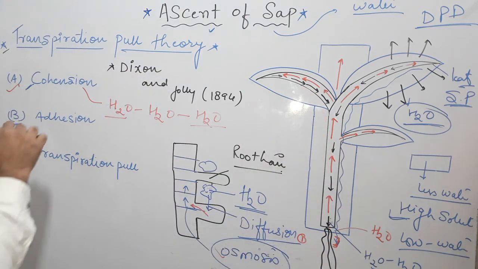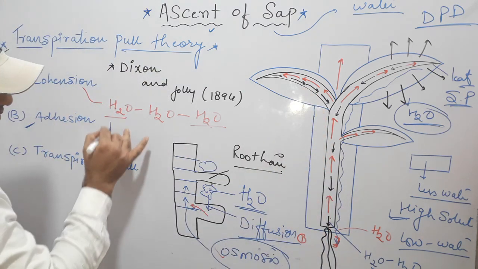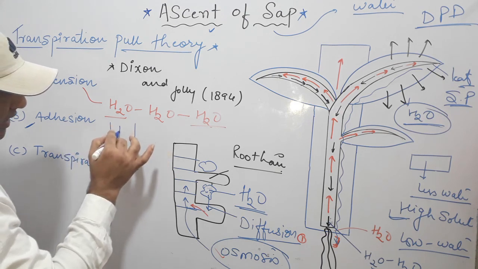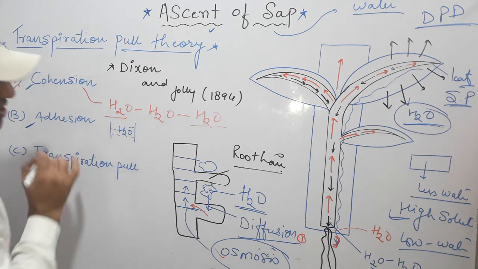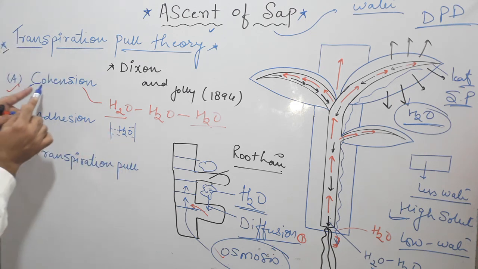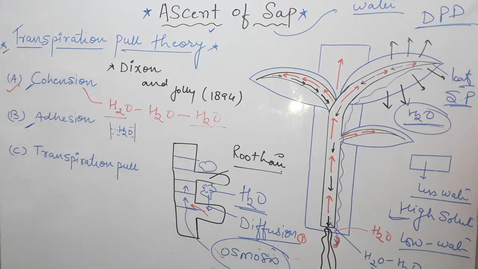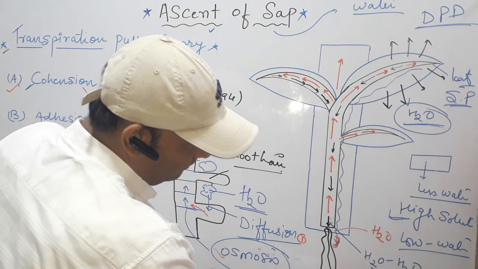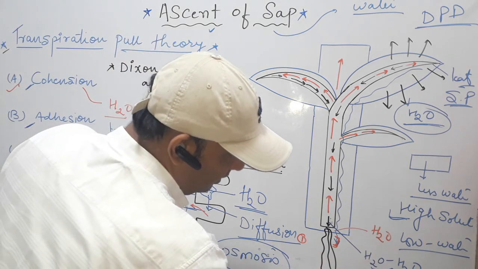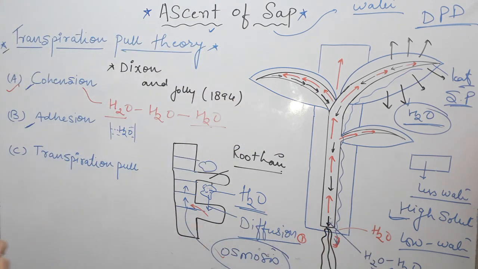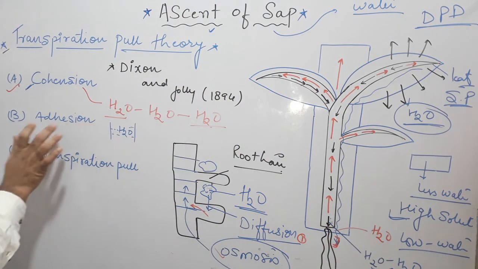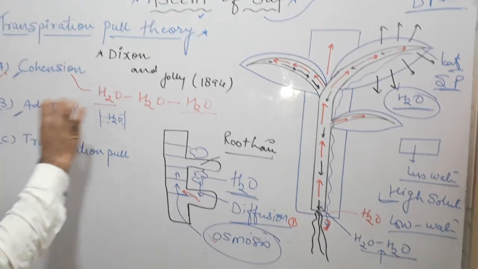Now adhesion. Adhesion means the stem area or xylem area provides the helping pressure which maintains the joining of water molecules. That means when these water molecules join, the xylem wall and the stem wall provide the extra force which maintains the joining of water.